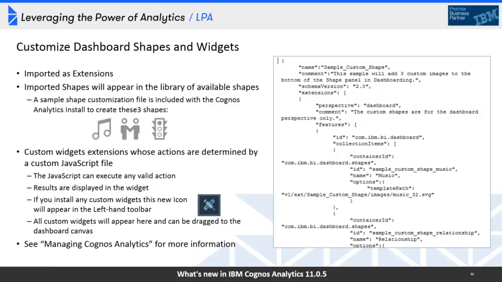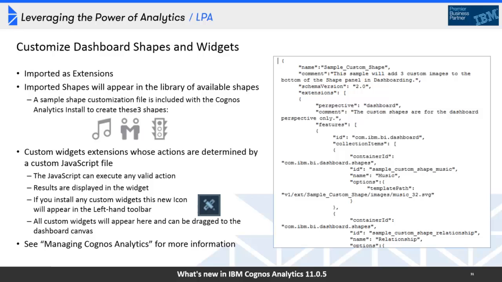You can also add custom dashboard widgets. And they're defined in JavaScript. And you can execute any valid action in JavaScript. The results of the action you execute are displayed in the widget. You'll get a new icon for any custom widgets you've installed in the dashboard world, and you can drag them on.